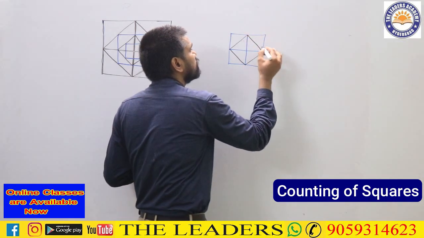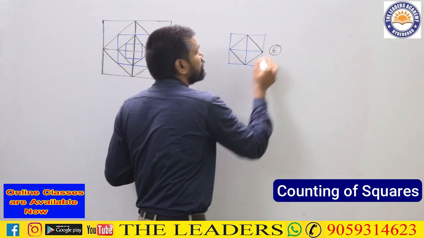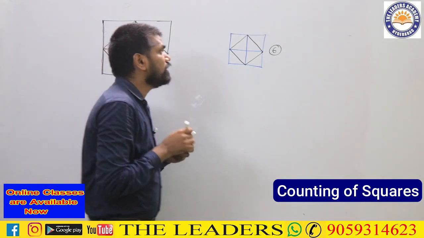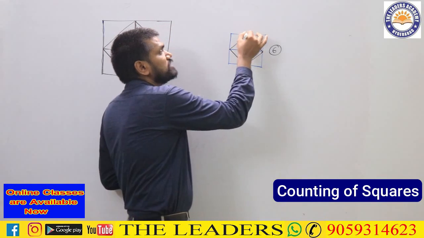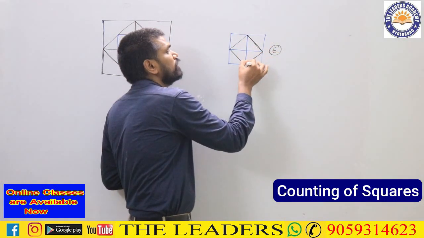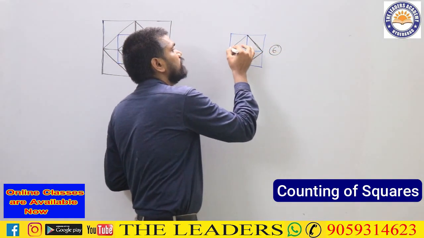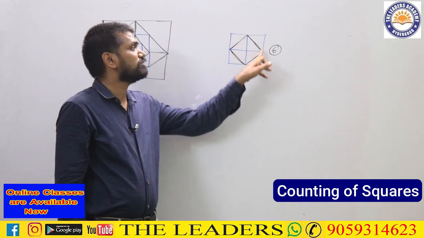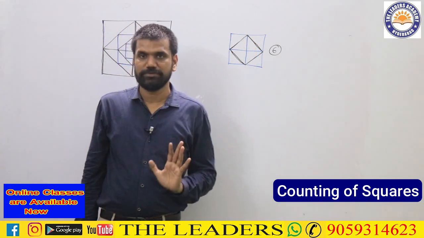So in total that structure is having how many squares over there? 6. So if I am drawing any structure inside like this, this will give you only one square. Please keep that in mind, because it is not giving you any other square except this black one that I am highlighting over there.